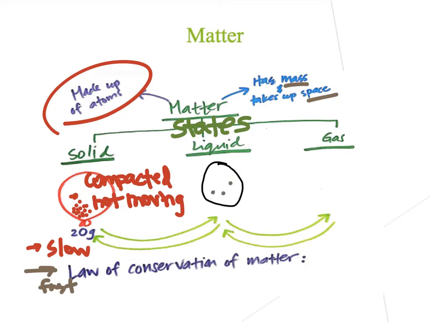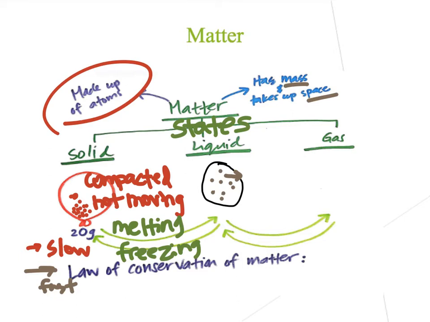They're going to be a little further apart, and they're going to be moving a little faster. Remember, to get from a solid to a liquid, that is a phase change called melting. And to go from a liquid back to a solid, the opposite of melting, well, that's freezing. Okay, so that's what those arrows mean.